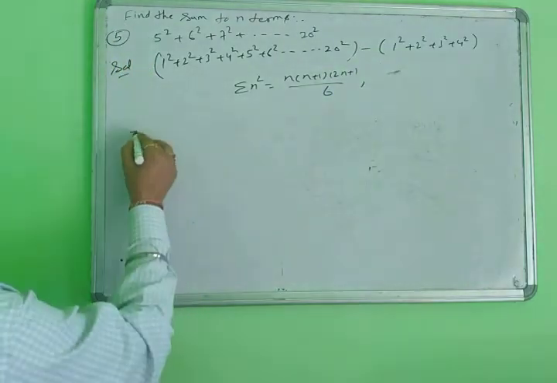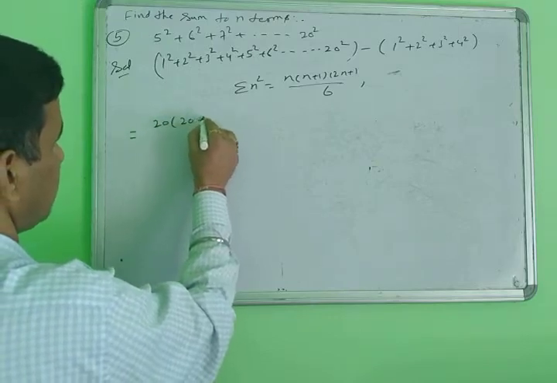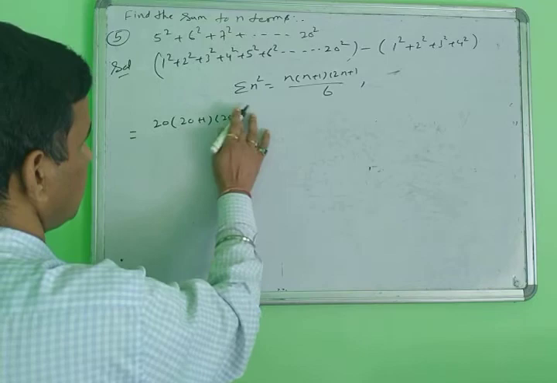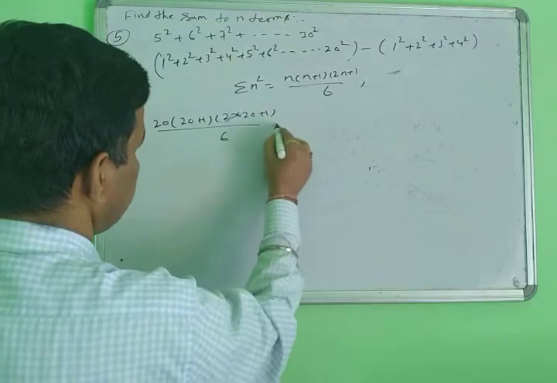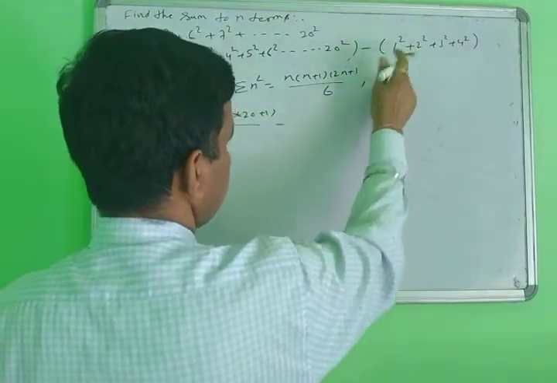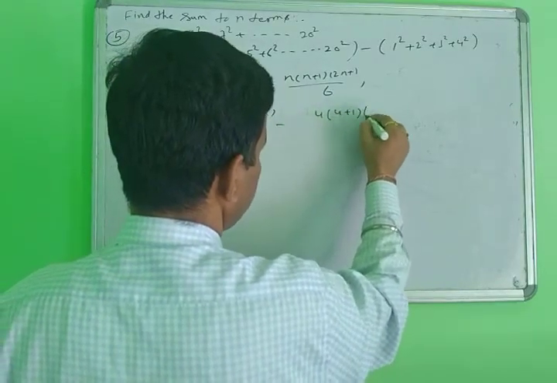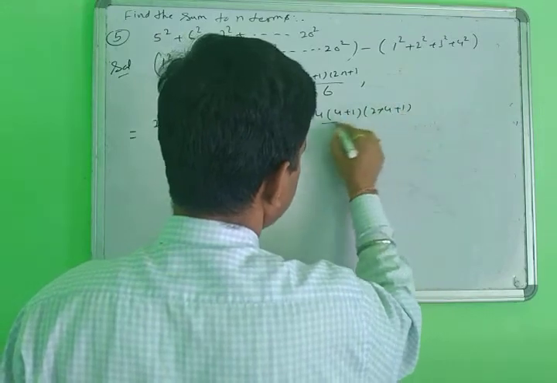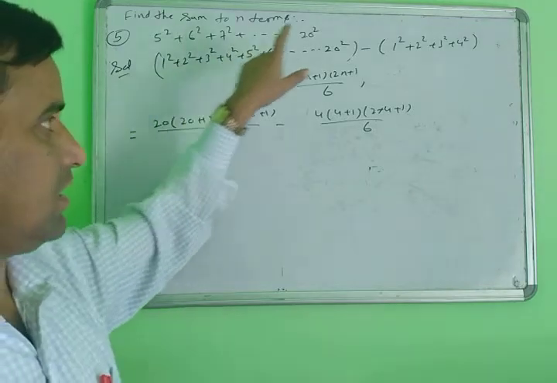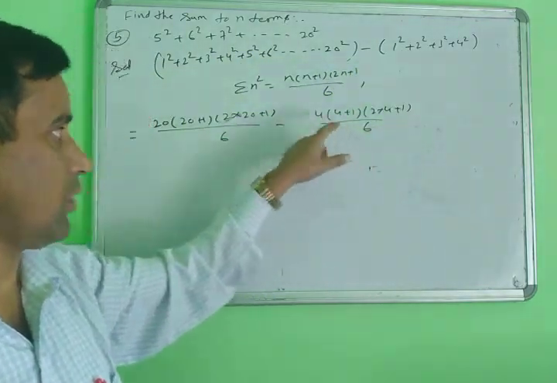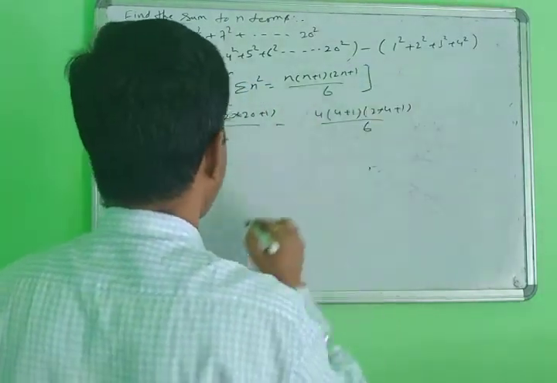So using this, 20 into 20 plus 1 into 2 into 20 plus 1 upon 6, minus the same with n equal to 4: 4 into 4 plus 1 into 2 into 4 plus 1 upon 6. The value of n in the first series is 20, and in the second series is 4, so you can directly use this identity and find the value of this series.